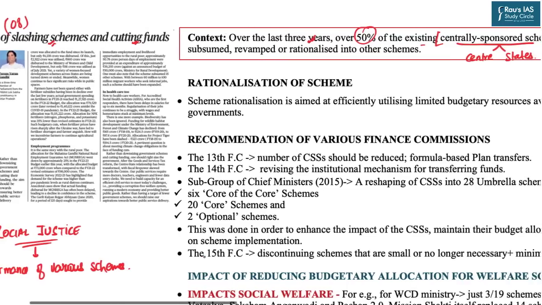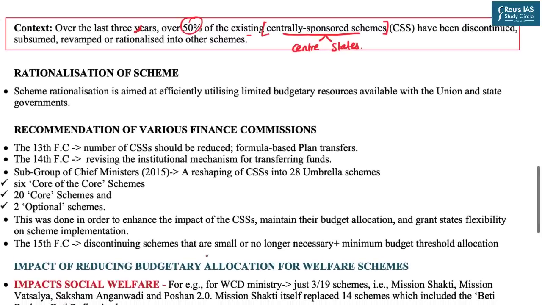So first we should understand what we mean by rationalization of schemes. If we have to define it, rationalization of scheme is aimed at efficiently utilizing the limited budgetary resources. Now, to reduce the budgets of various schemes or to discontinue various schemes is not exactly the rationalization of scheme.